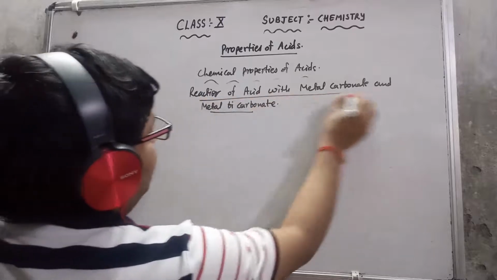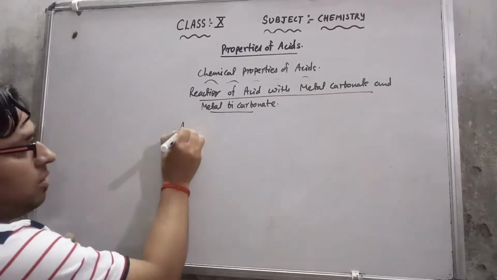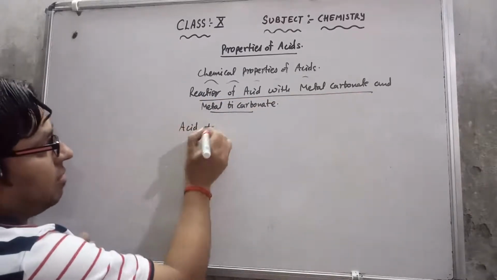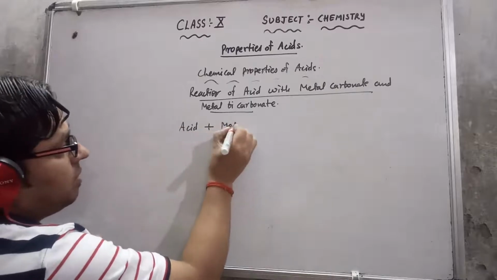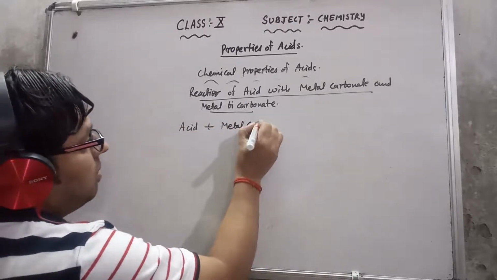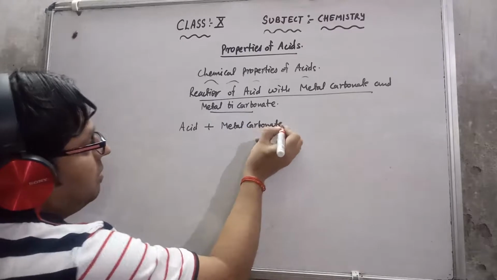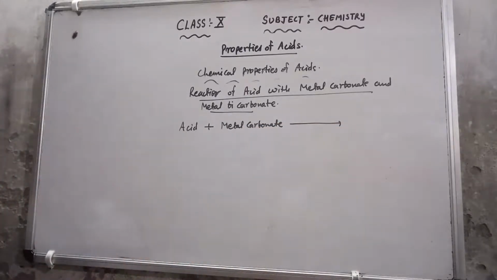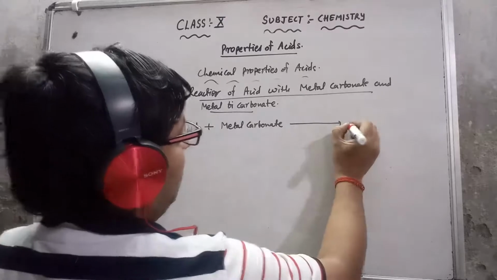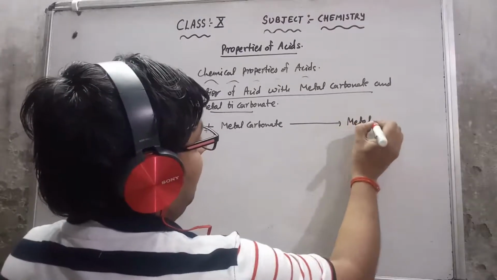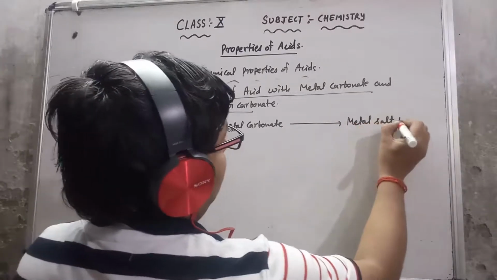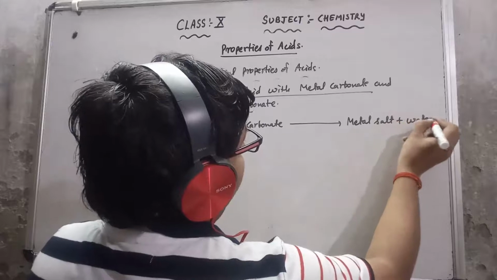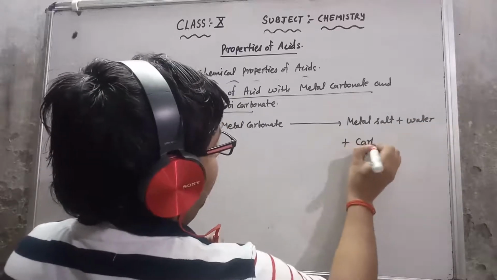Now if I discuss the general reaction, when acid reacts with metal carbonate, it will form a metal salt, water molecule, and carbon dioxide gas.